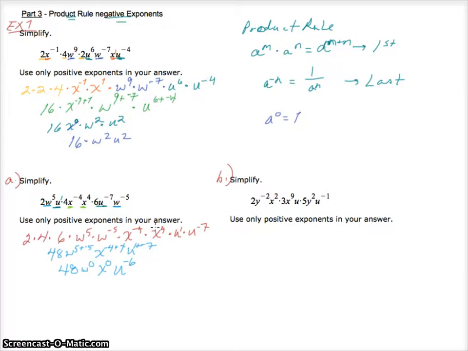Alright, now lastly, remember that these go away, they become 1s. So 48 times 1 is still 48. But I need to fix this u to the negative 6 power. So this is my a to the negative n rule. I need to change it to 1 over u to the 6. And this equals 48 over u to the 6th power. Go ahead and try problem B on your own, and we'll check it in class tomorrow.